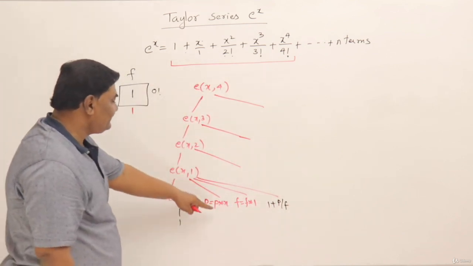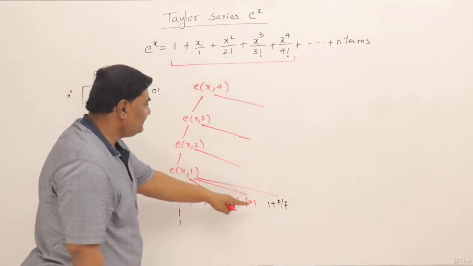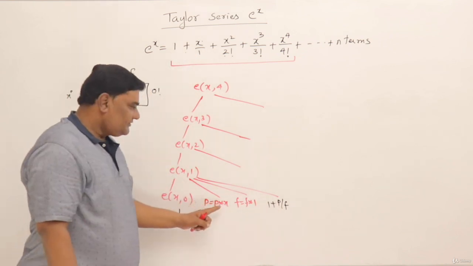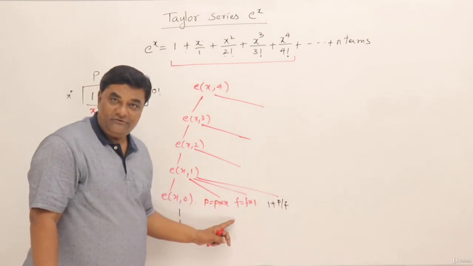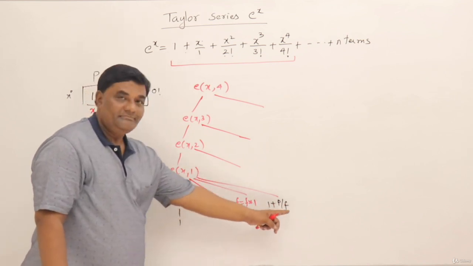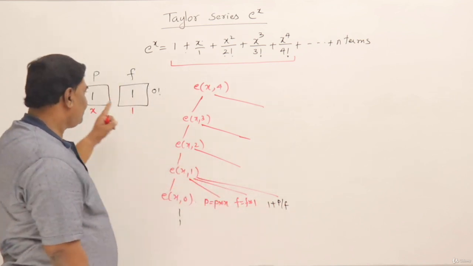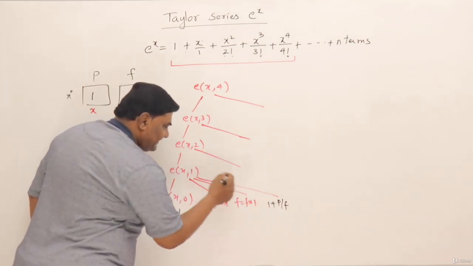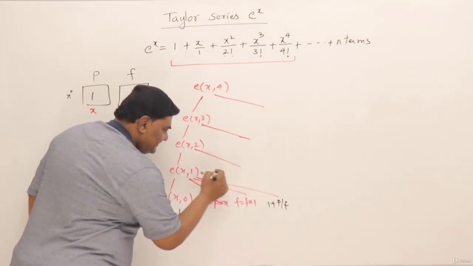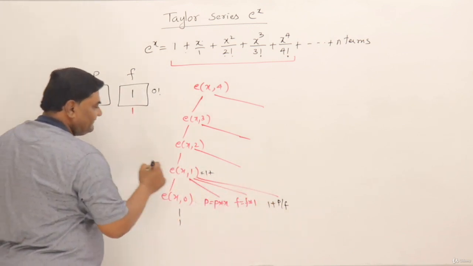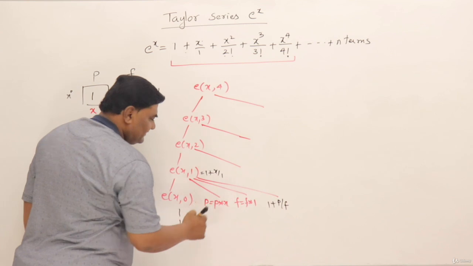So p is x and f is 1, so this is x by 1, so this term is x by 1. So these are the 2 steps every time I will be performing. So I will not write them every time. Directly I will be using p and f, and these operations I will perform here. Now let us continue. It goes back with the result. What is the result? The result of this function is 1 plus, what is p by f? p is x and f is 1. So this is x by 1.